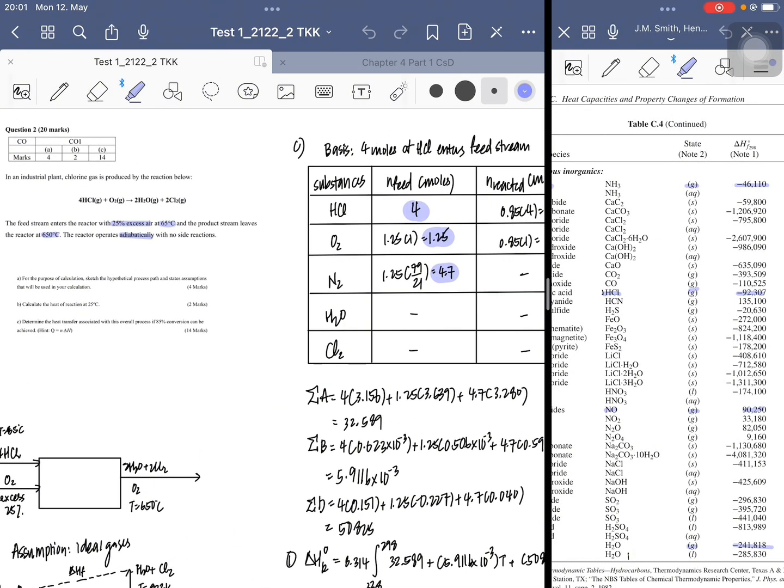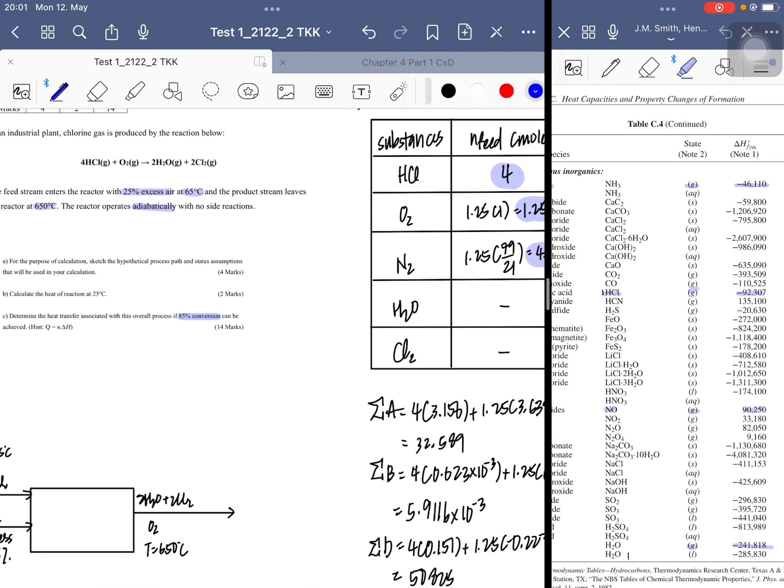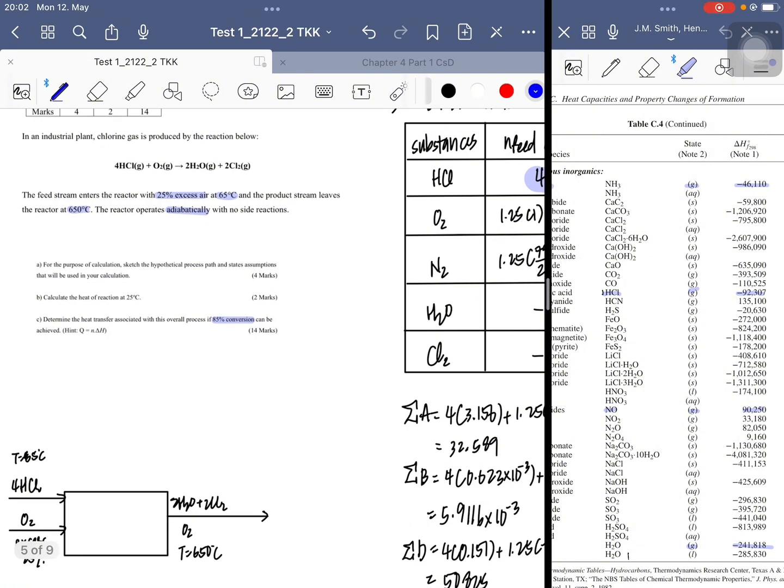So for C, determine the heat transfer associated with this overall process if 85% conversion can be achieved. What does conversion of 85% mean? When you carry out this reaction, if they say 100% conversion, that means 100% of reactants is fully converted to product, so there are no leftovers.